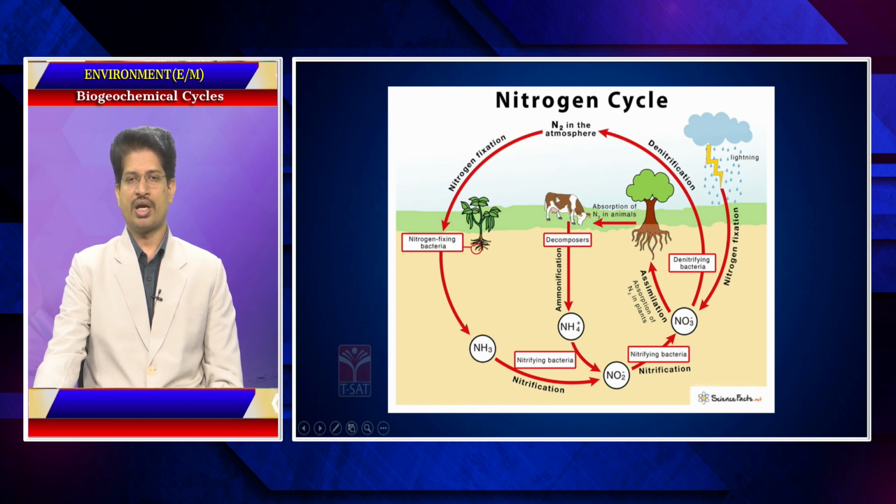When the animals die, they decompose and mix back into the soil. The nitrogen fixed in the soil is converted by denitrifying bacteria back into nitrogen gas and mixes into the environment. So, one way is lightning, and denitrifying bacteria make this nitrogen available to the atmosphere again, breaking the molecules. So, this is the process.